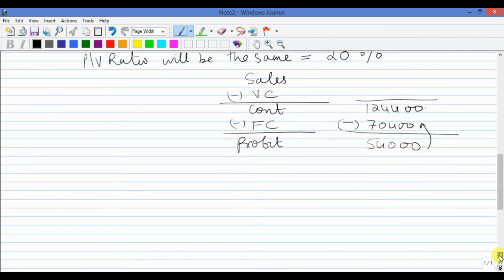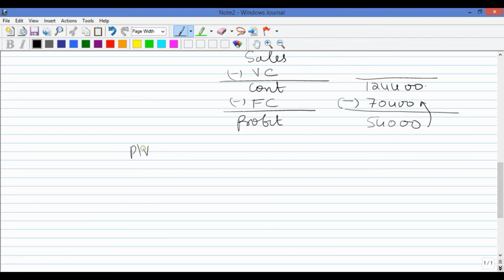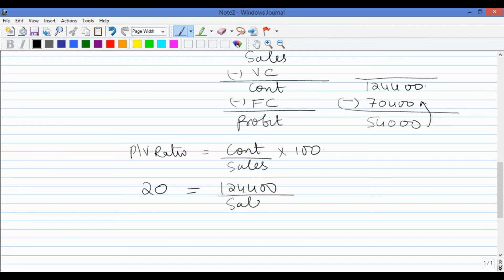So I'm moving further. The profit volume ratio is nothing but contribution divided by sales, multiplied by 100. It is 20. Contribution, I'm aware, is 124,400. Sales, I don't know, into 100.